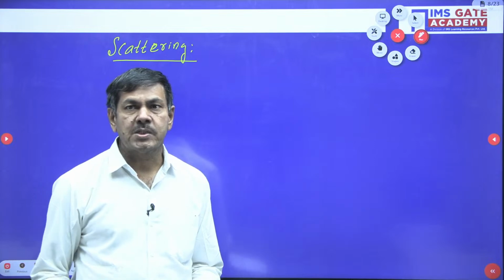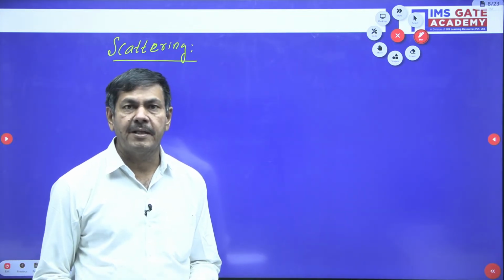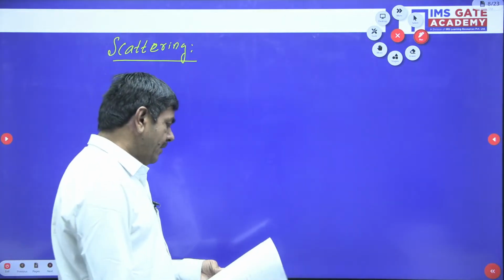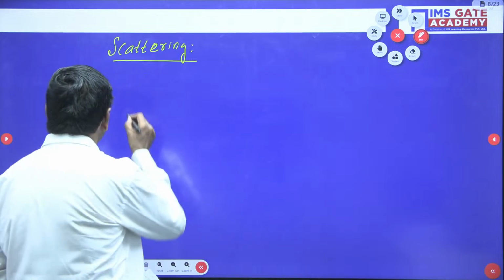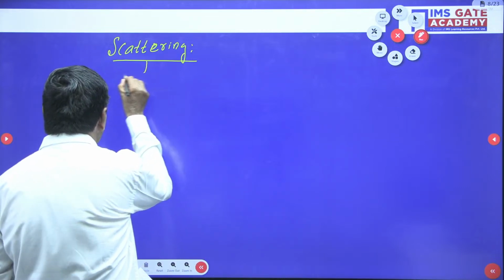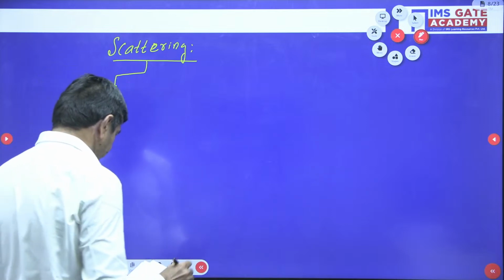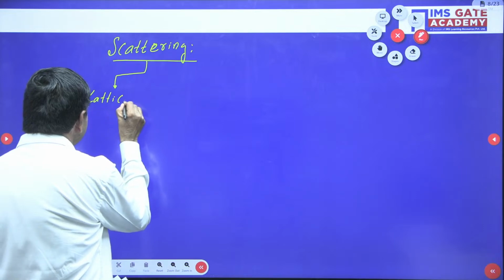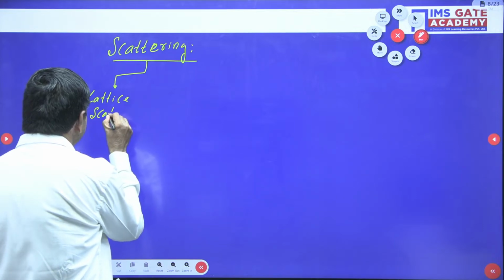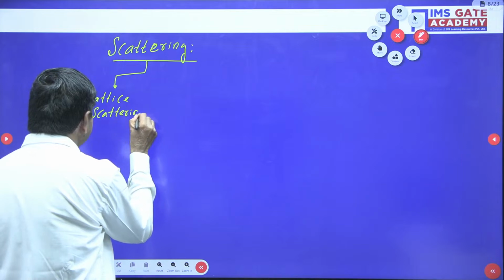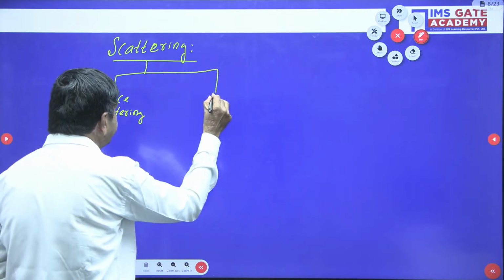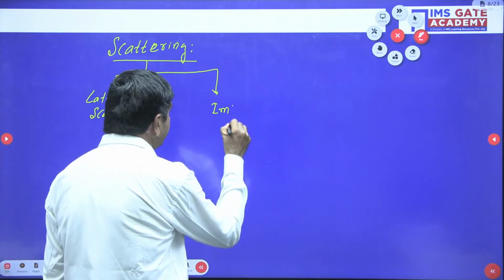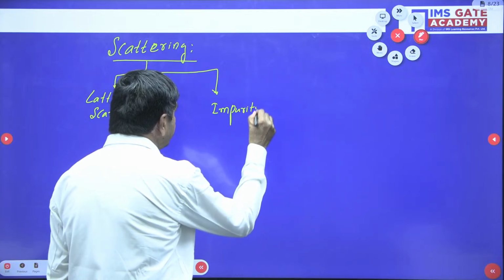I will explain those two scatterings, and the formulas given because of this scattering phenomenon, you will see them now. There are two types of scattering. One is lattice scattering, the second one is impurity scattering.